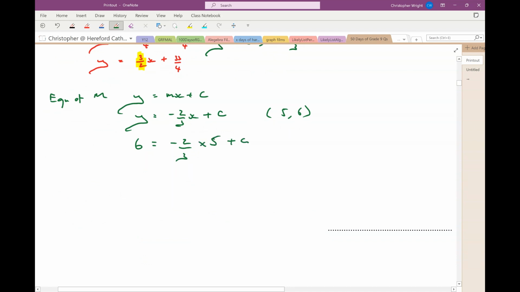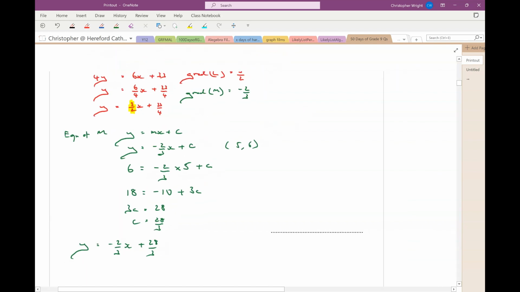That will enable me to find out what c is. Let's multiply everything by 3. So I get 18 equals minus 10 plus 3c. So 3c equals 28. So c equals 28 over 3. So now I know the equation of M is y equals minus 2/3 x plus 28 over 3.